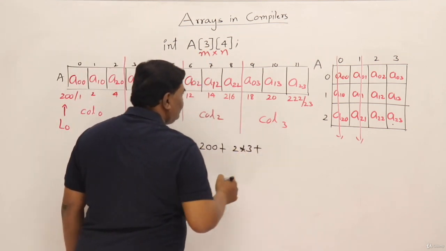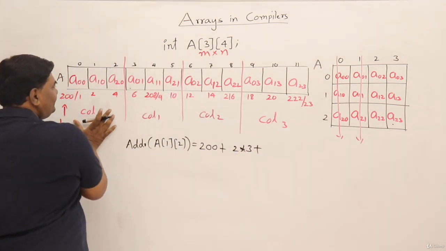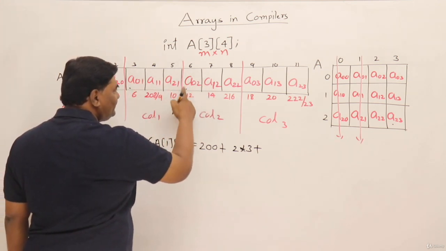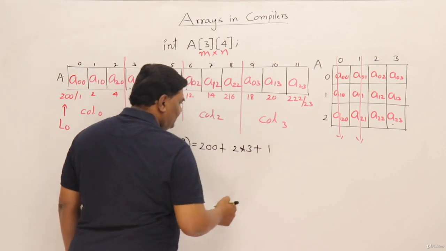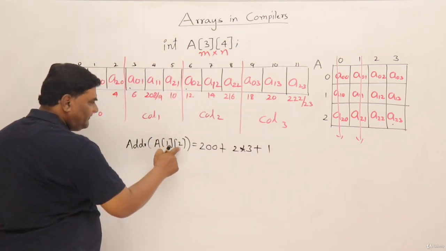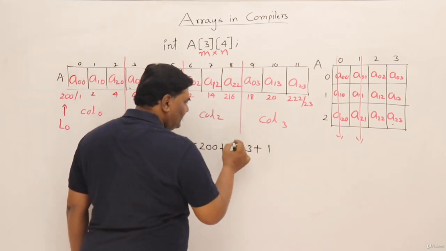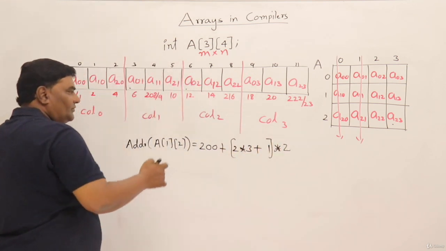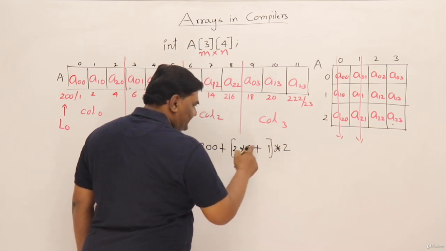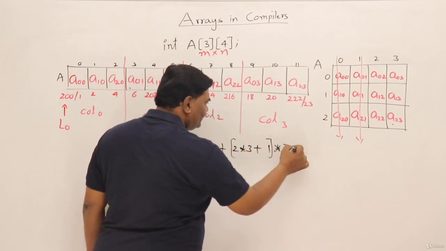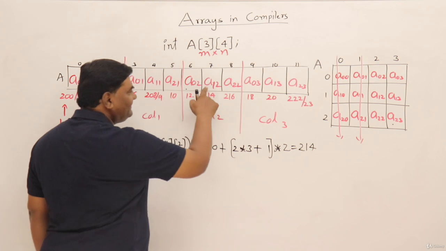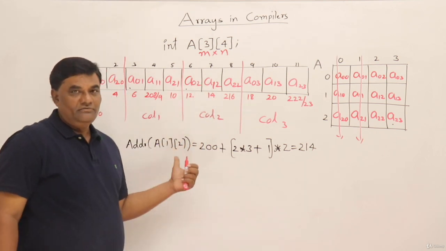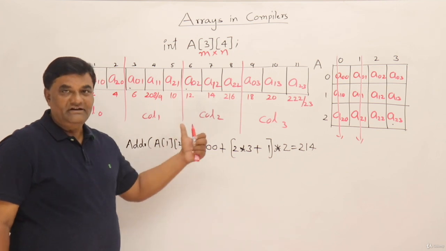So 3, then plus. Once I have skipped column 0 I am here, then I skip column 1 and I am here. Now from here, how much should I move? Just one element. So this is 2 into 3 plus 1, and this has to be multiplied by the word size W. So 3 times 2 is 6, plus 1 is 7, into 2 is 14. So this is 214, and you can see that the address of A[1][2] is 214. That is how we got the address of a given element.